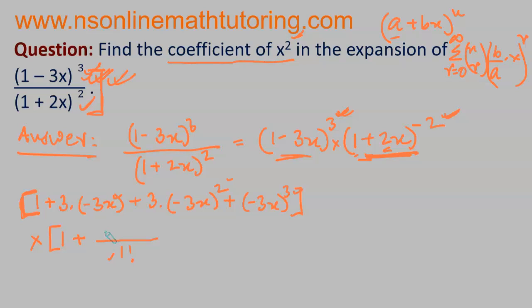The n value is equal to negative 2. This will get multiplied by 2x raised to the power of 1, or simply 2x. Okay, this is the second term. So we see these two can get multiplied together to give us x square.